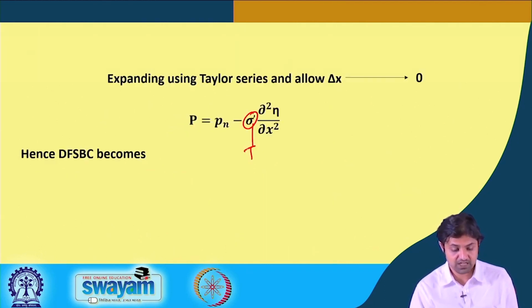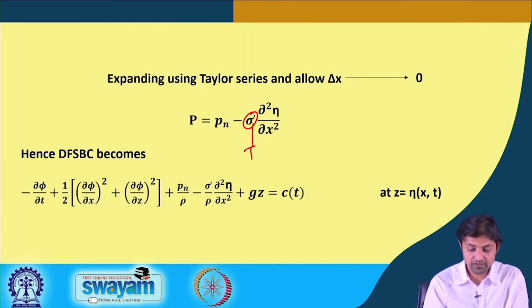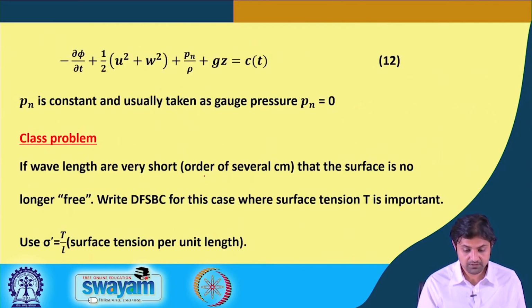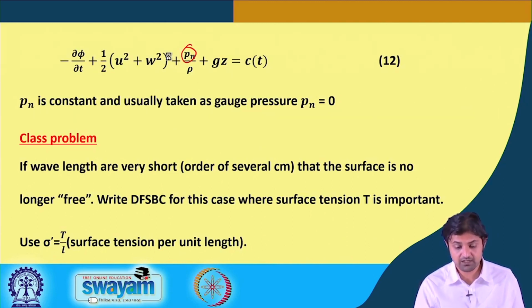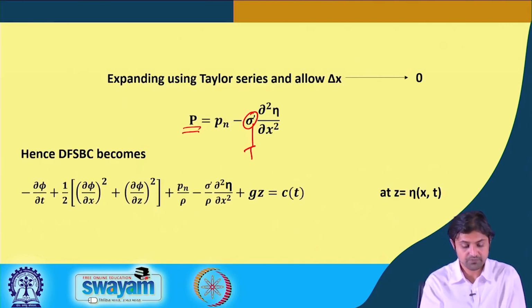So, therefore, the dynamic free surface boundary condition becomes, so what we have done, we have just prescribed P n. You see, for the total pressure P, it becomes P n by rho minus, so instead of P here in the dynamic free surface boundary condition, we put the pressure here and the rest of the things remain the same.